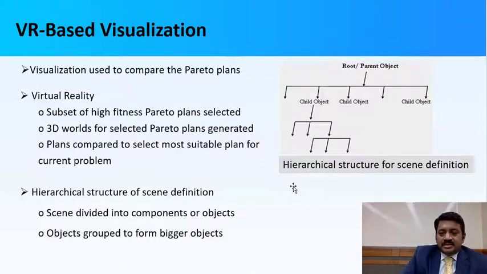These include buildings, triangulation models, digital elevation models, raster data, vector data, and many other kinds of shapefiles and other kinds of infrastructure data too. So all these are organized as a hierarchical structure for defining the scene. All these need to be first generated, and they are stored in a library that we will see shortly in the results and discussion.